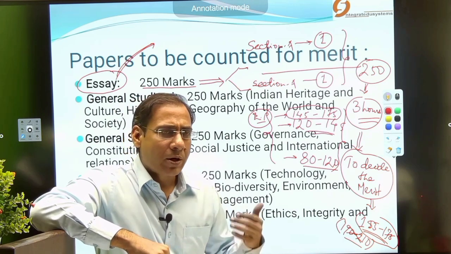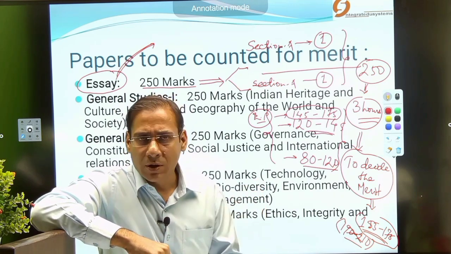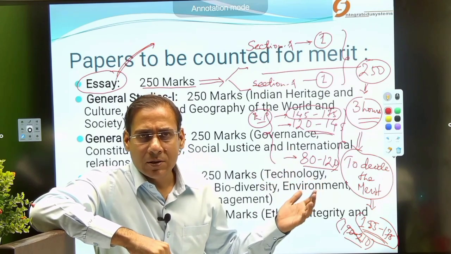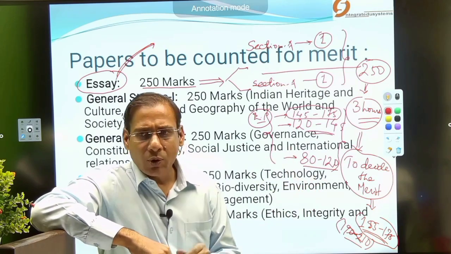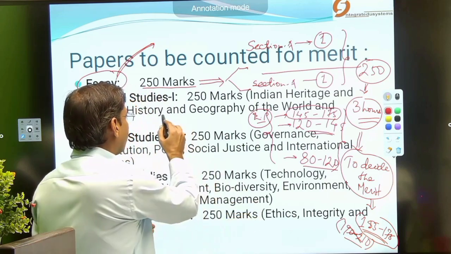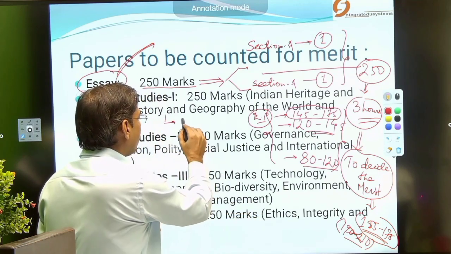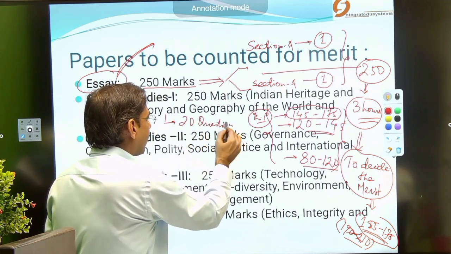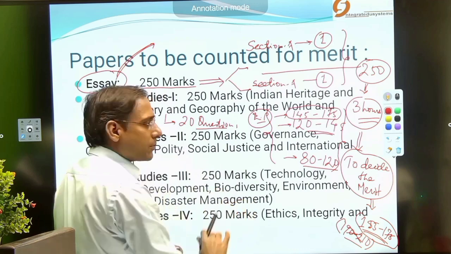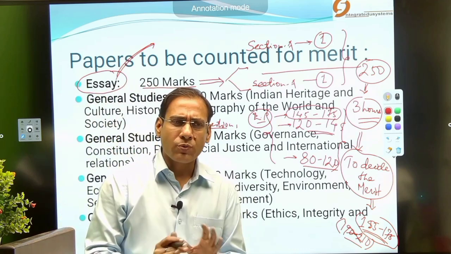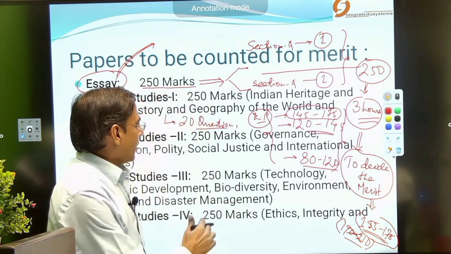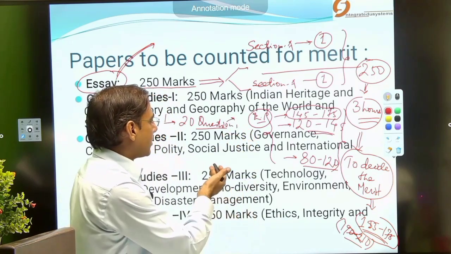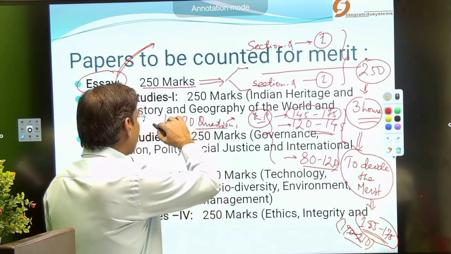Apart from history, art and culture and world history, another section is social issues as well as geography. Now when you look at the previous year questions, often you get 20 questions in each GS paper, and you have to write them in 3 hours.